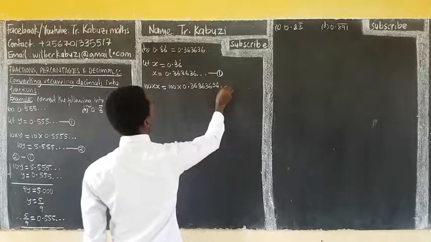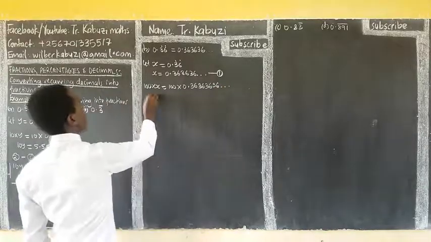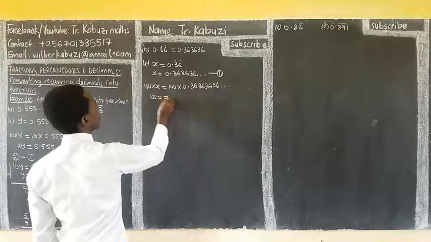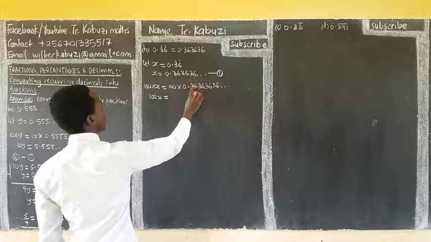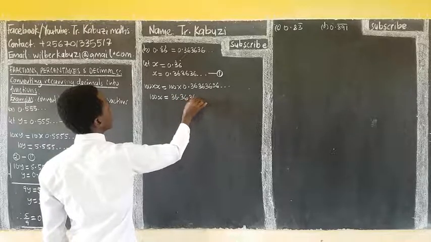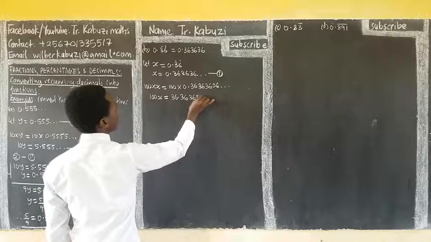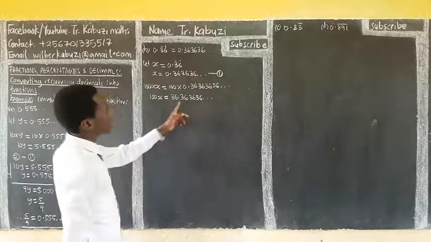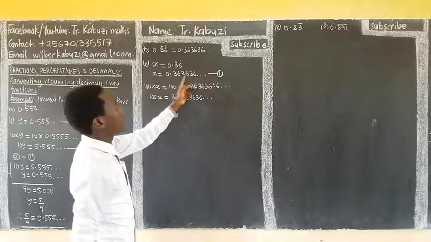So that is the idea. Then this will be 100x equaling 36.36. Now we shall shift 1, 2. I think we see 1, 2, 3, 1, 2, 3.